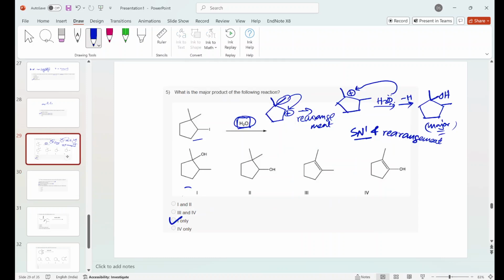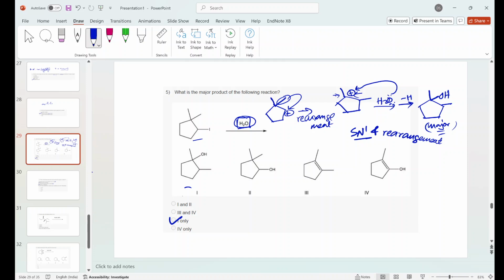Okay, let us see. You have a rearrangement and you have this one. So in this case, if water is attacking, it can attack in just two sides. Okay, either from this side or from this side. So you will have two pair of enantiomers here, right?